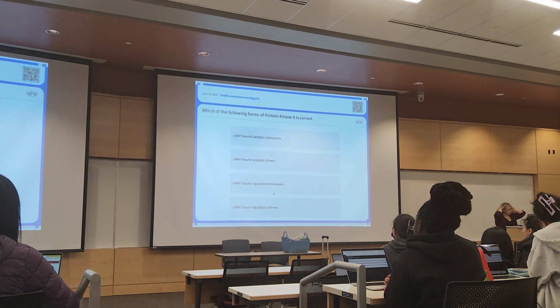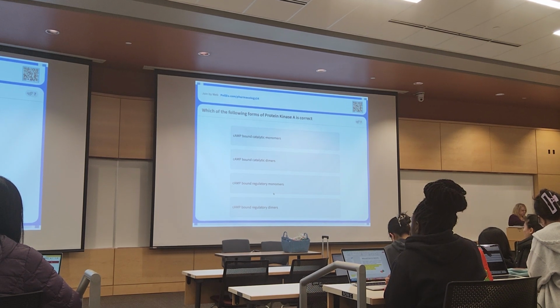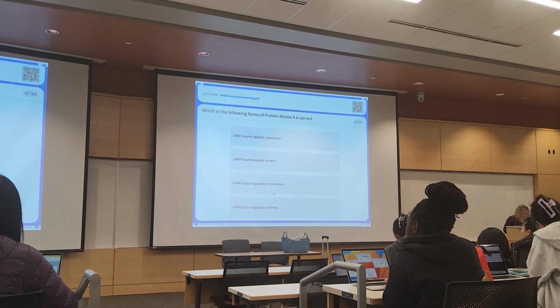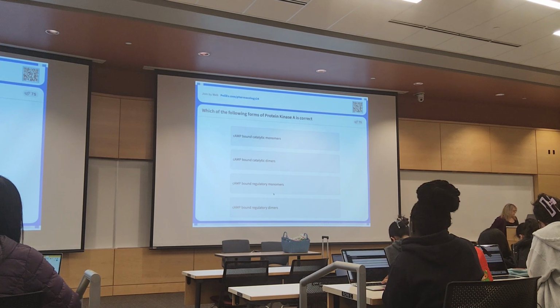So which of the following forms of protein kinase A is correct? Which one is correct?